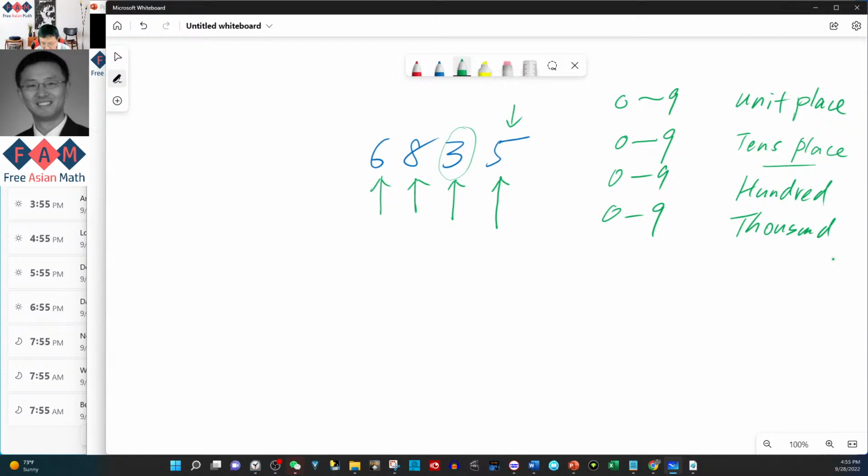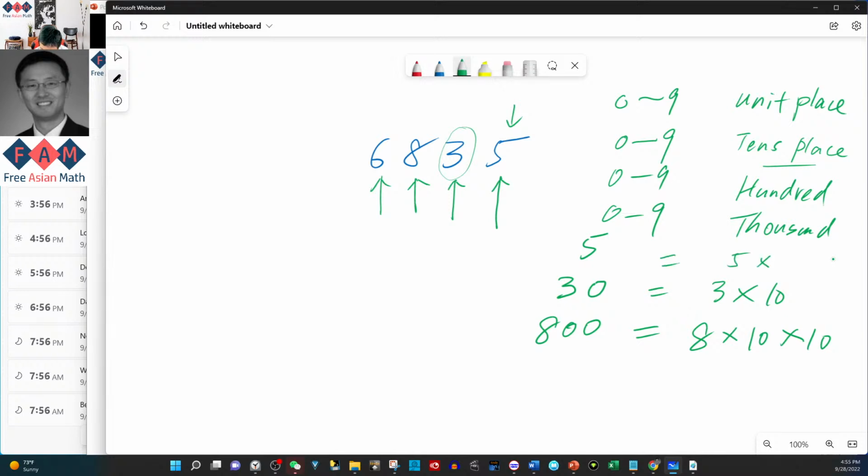So 3 in the tens place really represents 30. Okay? So the first one is 5. The tens place represents 30. And of course, you know the hundred place represents 800. Why? This is equals to 8 times 10 times 10 again. And of course, 30 is 3 times 10. And the 5, what is 5? 5 is just 5 times 1.